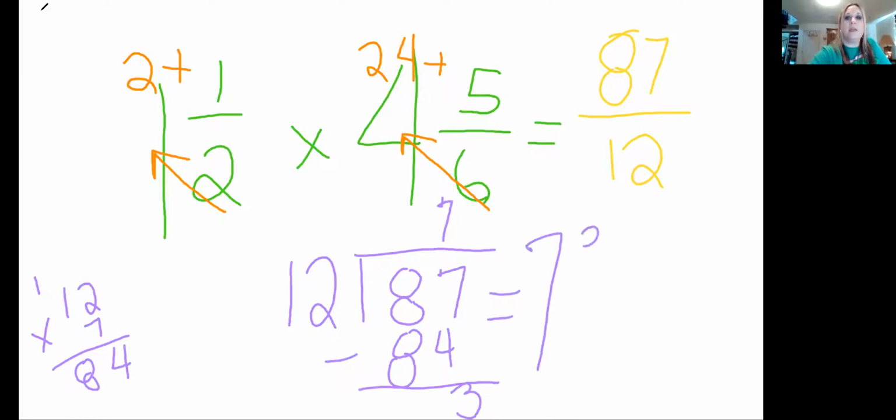So 7 and 3/12. But always ask yourself, can it be reduced? Find the factors and reduce the 3/12.